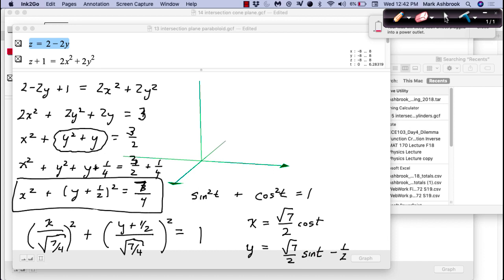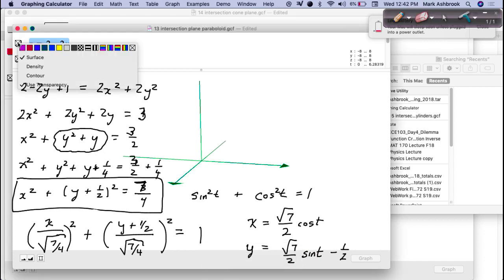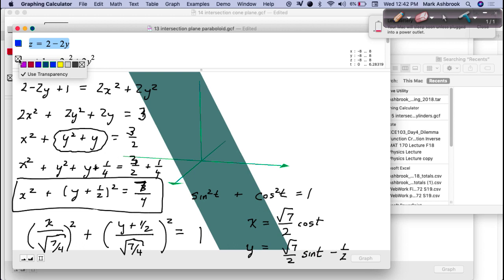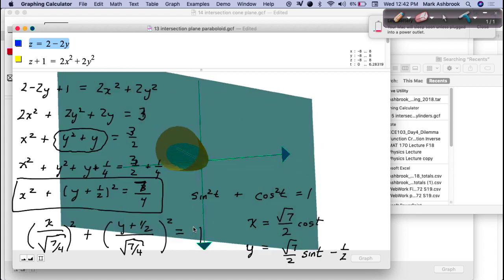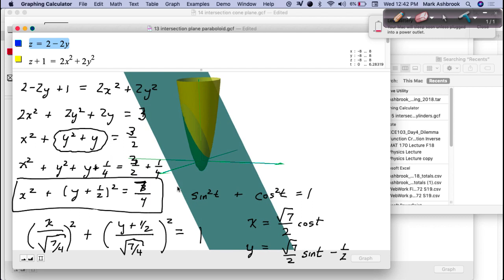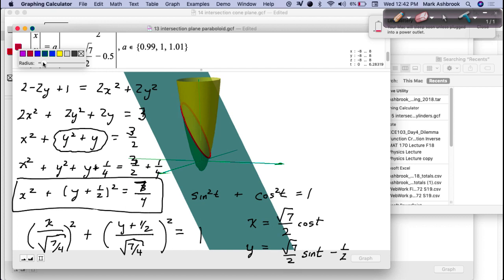Let's see what it looks like. So that's a plane cutting through a paraboloid and another ellipse. But I need to get the z too. So here's my x for my vector equation of the ellipse. I got the x, the y, and the z can come from the 2 minus 2y.